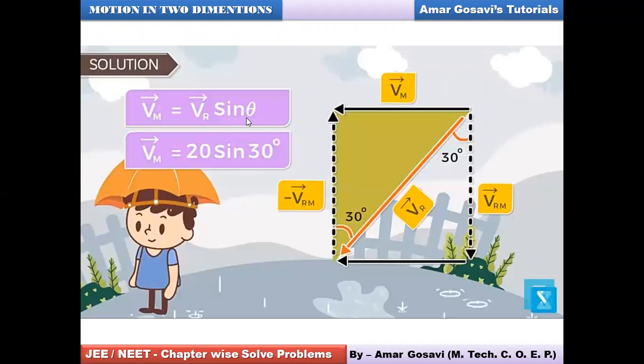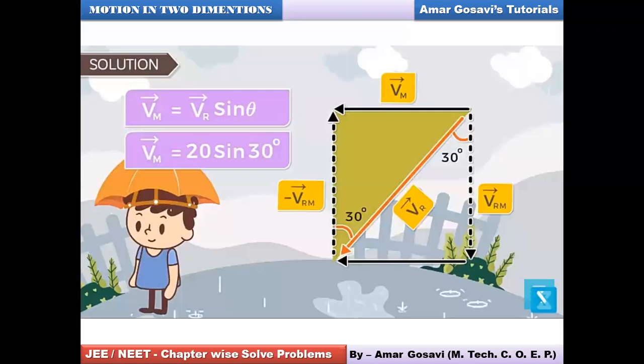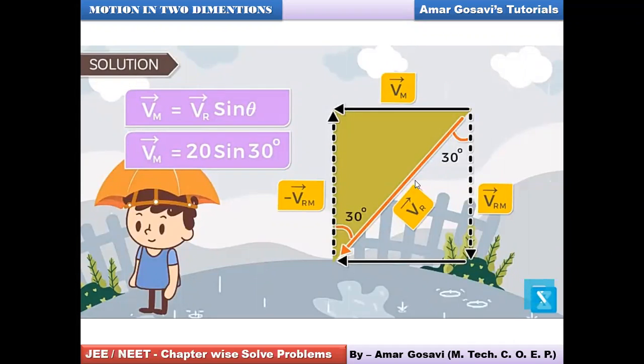Yeah. So here you can see, now if I work out trigonometry, friends, if I want Vm, I know the hypotenuse is 20, the angle is 30. So can I say Vm would be Vr sine 30, isn't it? Because if this is 30, this is also 30, right?